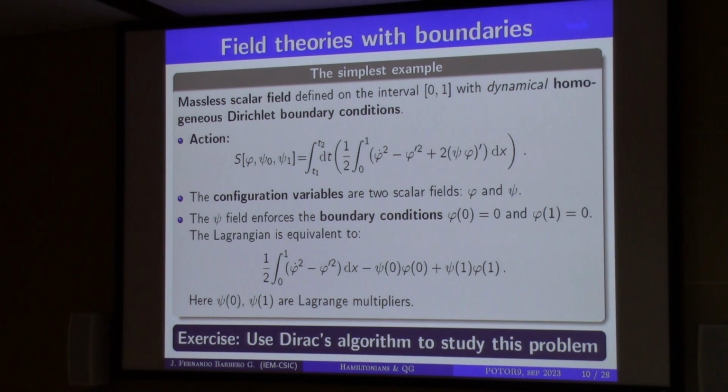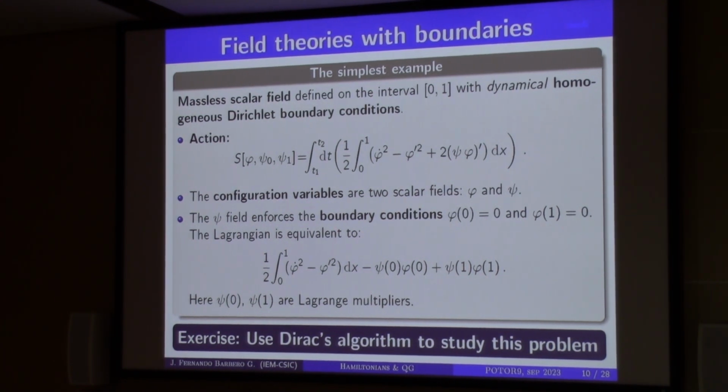And if I think of the image of this field at each point as independent degrees of freedom, of course, the variation with respect to psi 0 will give me the condition phi of 0 equal to 0, and a similar thing at the other side. So in practice, the value of this auxiliary field at the boundaries is working as some Lagrange multipliers that enforce these Dirichlet boundary conditions. Okay? So this does what I want.